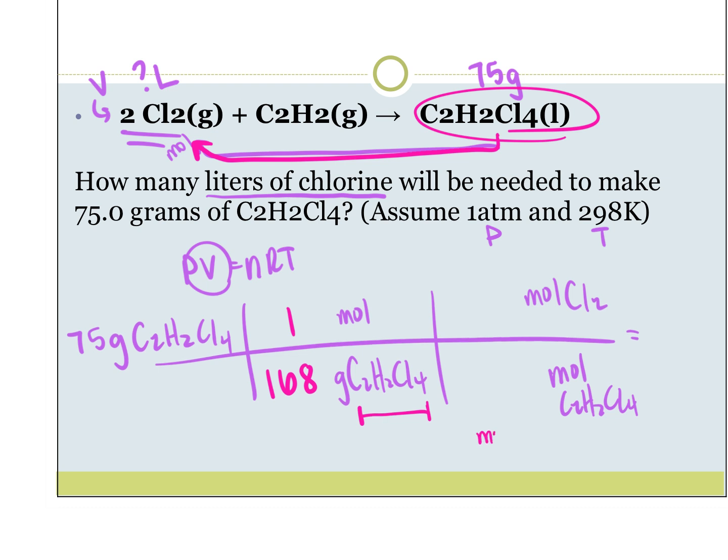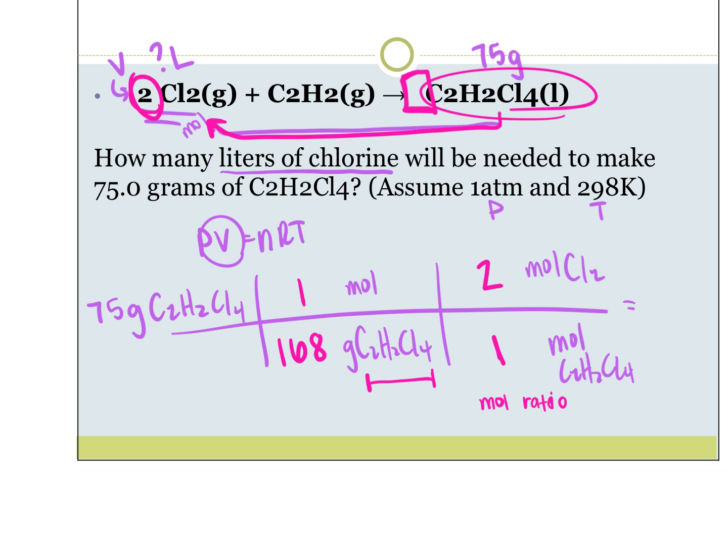This is our mole ratio step, and these numbers come directly from our balanced equation. There's no coefficient listed right here, is there? So we're just going to put a 1, and the Cl2 is going to get a 2, because that's the coefficient listed directly in front of it in our problem. So 75 times 2 divided by 168 divided by 1 gives me 0.893 moles of Cl2.